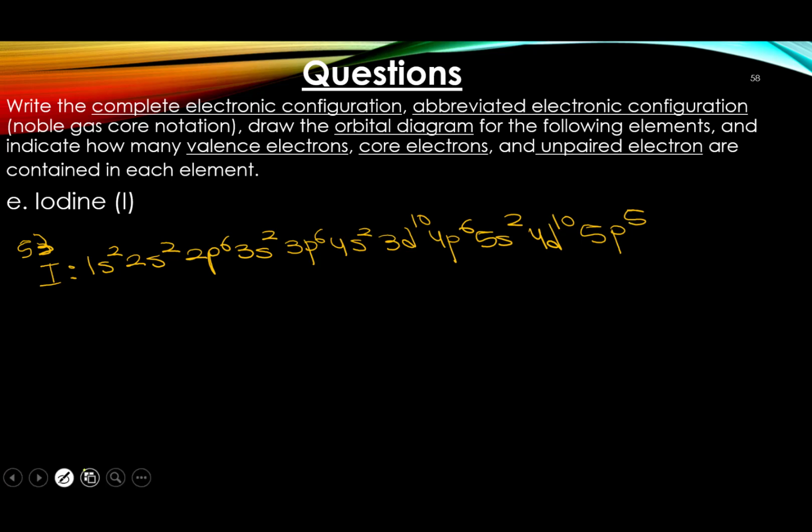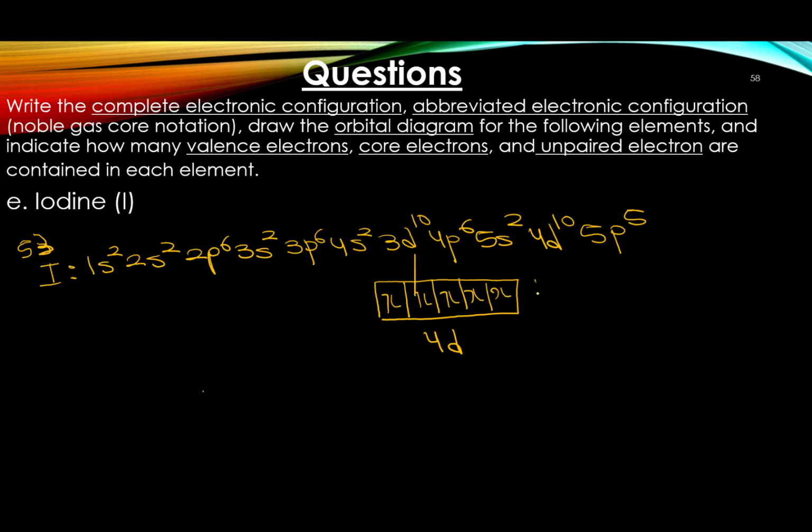Okay. Now for the orbital diagram, I'm only going to do the last two. Again, one more time, on the exam you have to do all of it. 4d10 and 5p5. 1, 2, 3, 4, 5.